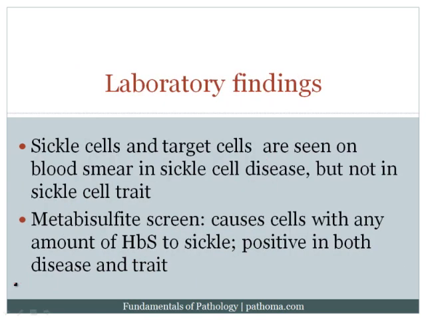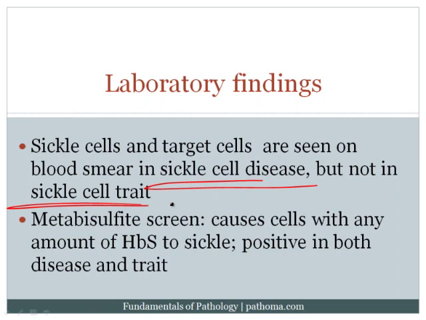Generally speaking, whether we're talking about sickle cell anemia or sickle cell trait, it's important to note some basic laboratory findings. Sickle cells and target cells would be seen in sickle cell disease, but not in trait. And you know that because in trait, the patients don't sickle, so we wouldn't normally see sickled red blood cells on a smear.